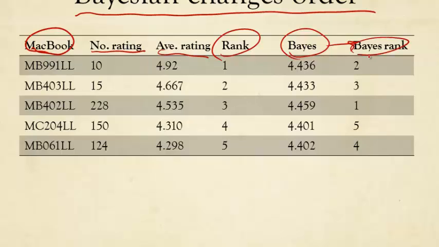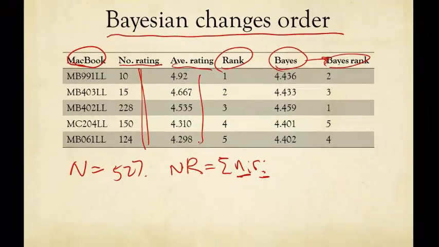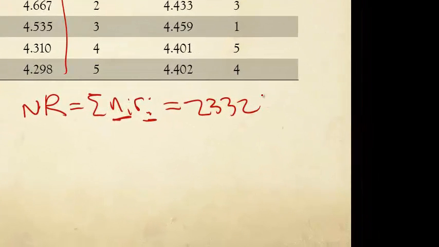Okay, so first of all, we see that the total number of reviews, n in this case, you add these up, is 527. And n times r, which equals the sum of ni times ri, where ni is each of the 5 products' number of ratings, and ri is each of the 5 products' average ratings, you can just multiply and then add up the 5 numbers to be 2332.752.